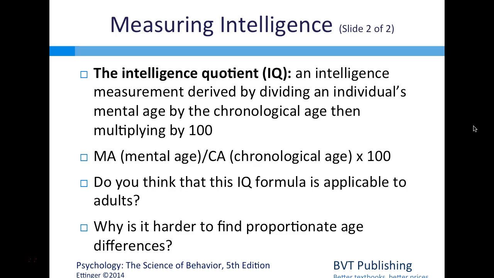So his formula, mental age over chronological age times 100, yielded an intelligence quotient or an IQ score, which provided a rough index of how dull or bright a child was compared to his or her peers. So, for example, a child with a mental age of 7 and a chronological age of 5 has an IQ of 140. 7 over 5 times 100 is 140.